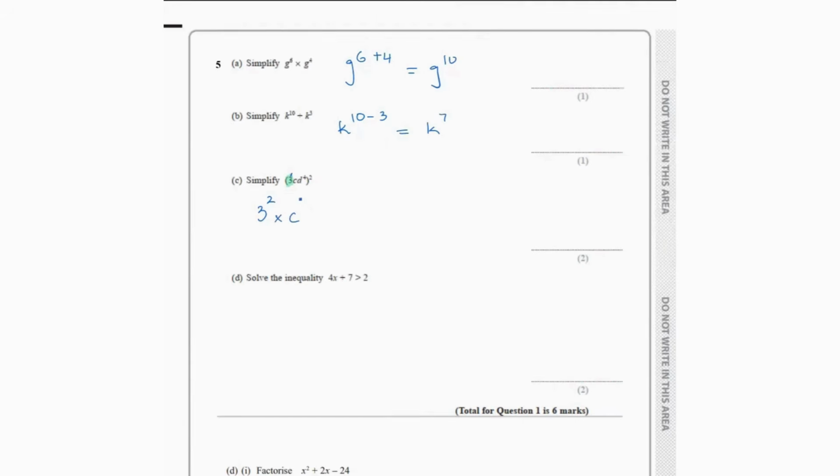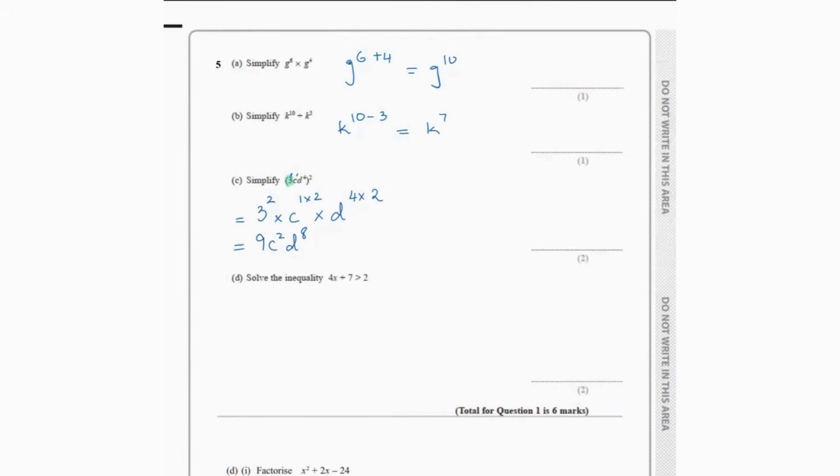Then C to the power of, again, 1 times 2, because no power is written for C, which means it has a power of 1. And D has a power of 4, so 4 times 2. So that's going to be 9 C squared D to the power of 8. That is your simplified answer. Always remember the power goes on the number as well, not just the variables. And make sure that you're multiplying the powers when there's a power inside the bracket and outside the bracket.